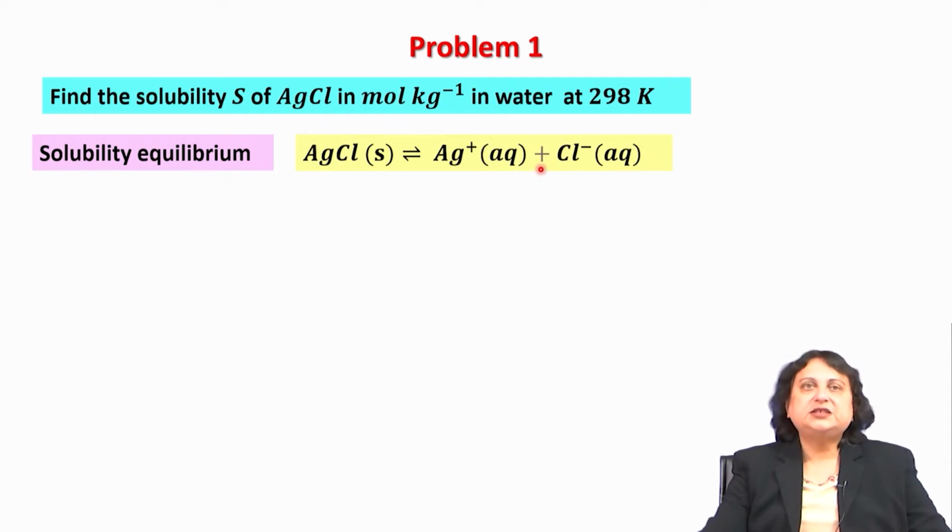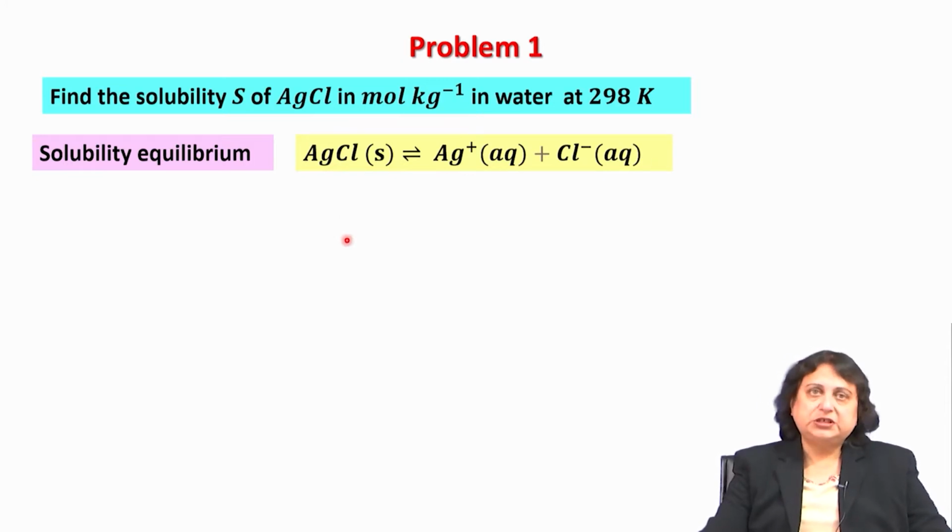And since it is a sparingly soluble salt in water, this dissociation is not complete, and therefore, in an equilibrium mixture you not only have the Ag+ ion and the Cl- ion in water, but you also have some undissociated silver chloride solid.